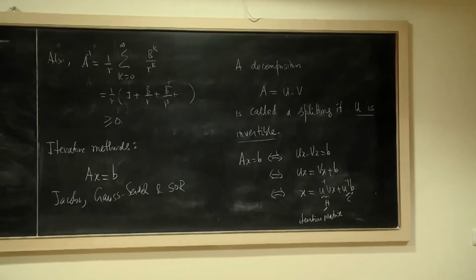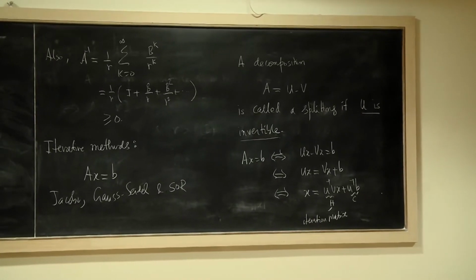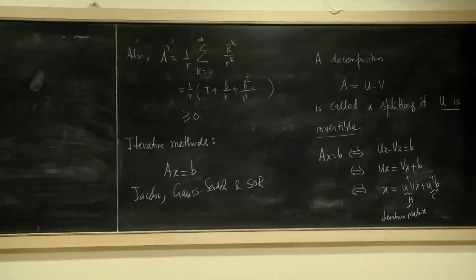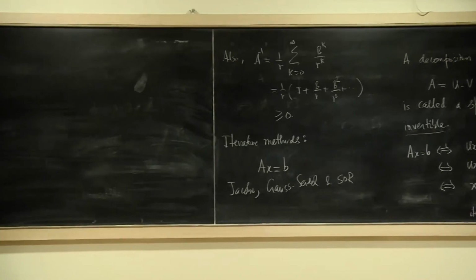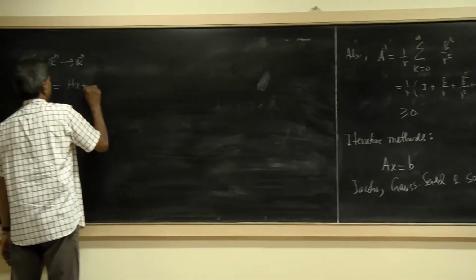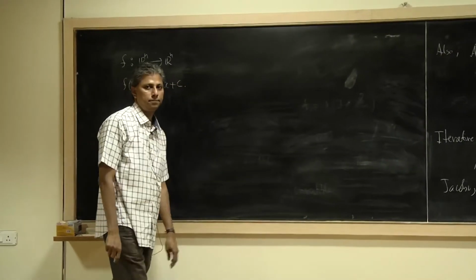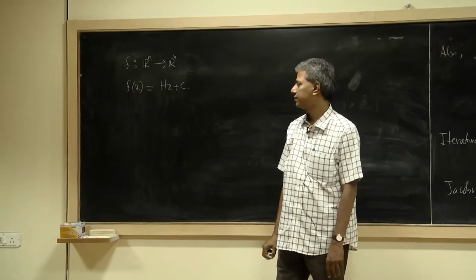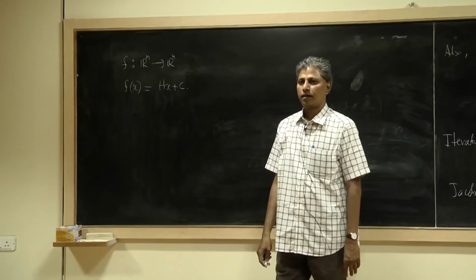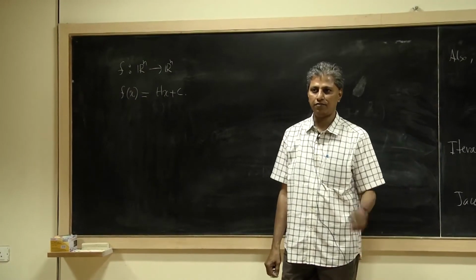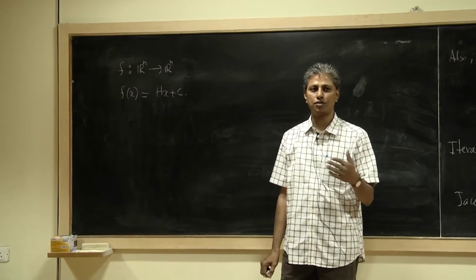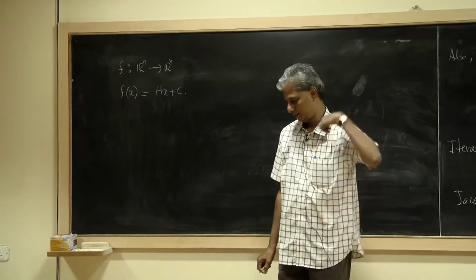Look at this function f from Rn to Rn, defined by f of x equals Hx plus c. This is f, a vector valued function of a vector variable. Let's say we have a norm on Rn. Now I'll choose this norm as a matrix norm.